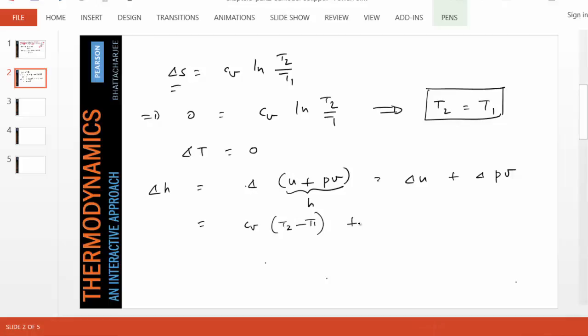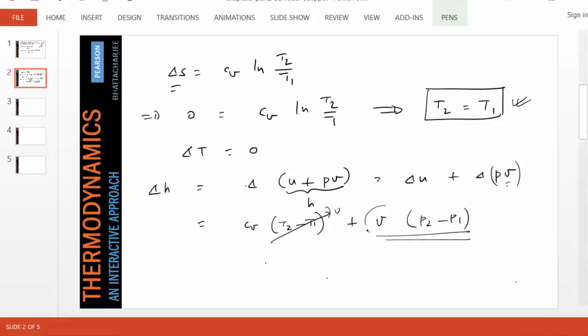And delta PV is what? V doesn't change, so V can be taken out of the delta. It'll be V times (P2 minus P1). Once again, T2 minus T1 is 0 because we already proved that T2 and T1 are equal. So the enthalpy change reduces to this.